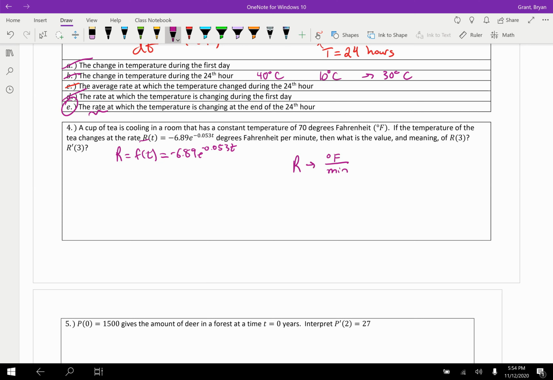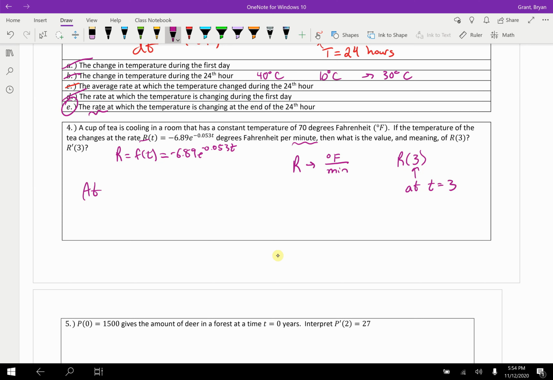And then they're asking us, what is the meaning of R of 3? Well, 3 is an input, so that's a t value, and in this case it's in minutes, so this is going to be at time equals 3. Actually, I think we can even write what's happening without having to do any math yet.